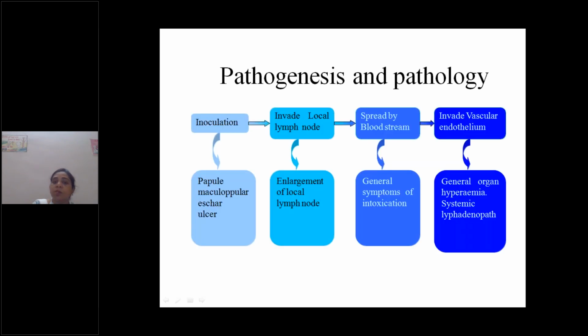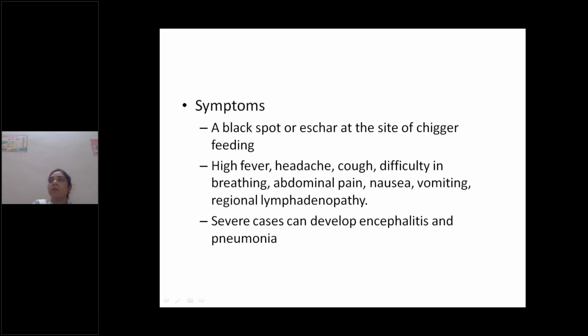Okay, so see this pathogenesis. So what is this? Inoculation. What will happen when a mite which is infected with Orientia tsutsugamushi bites? At that site of inoculation, there will be a black spot or an eschar.